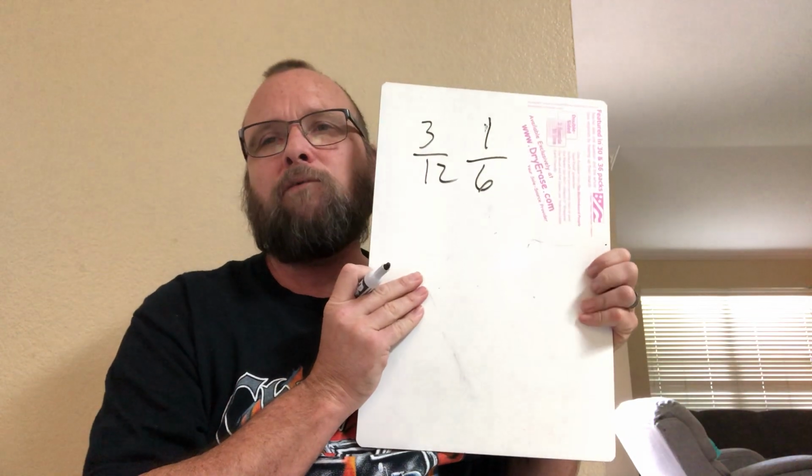My next problem, 3/12 and 1/6. The instructions say to find the least common denominator. I take my two denominators, which are 12 and 6. And I'm going to go through the multiples.